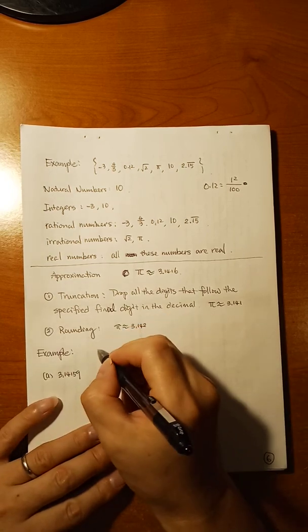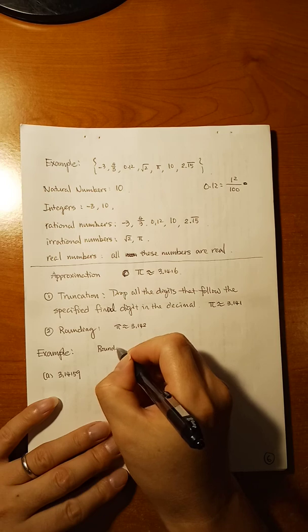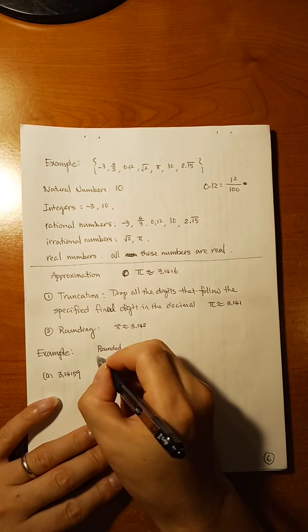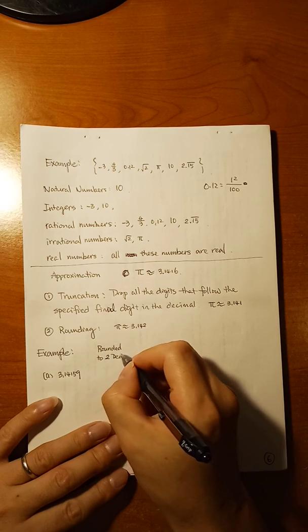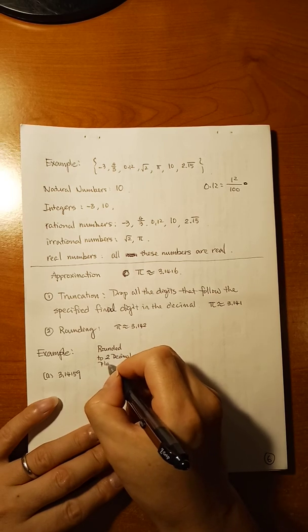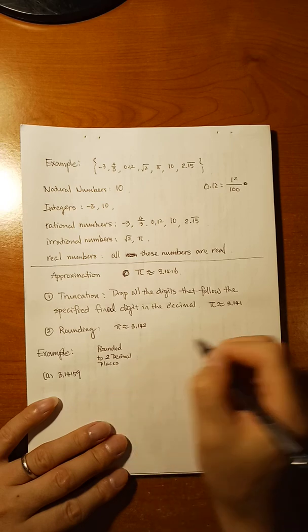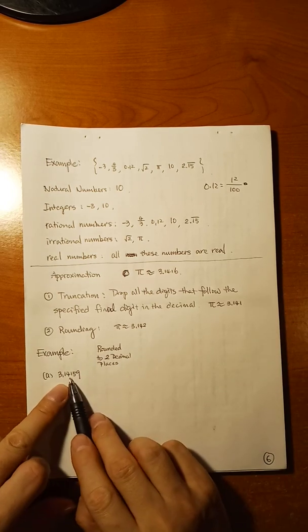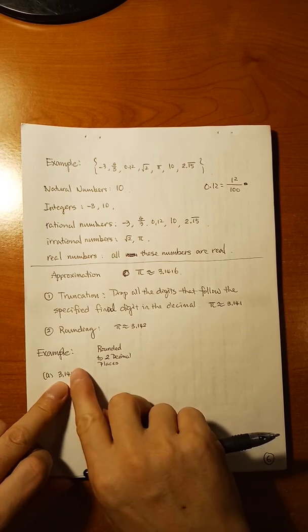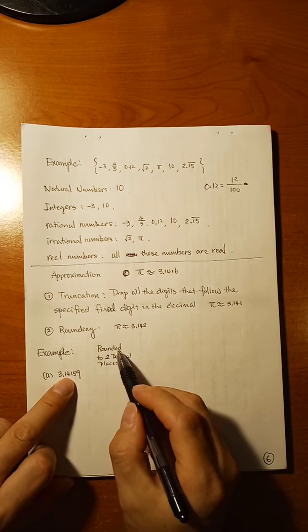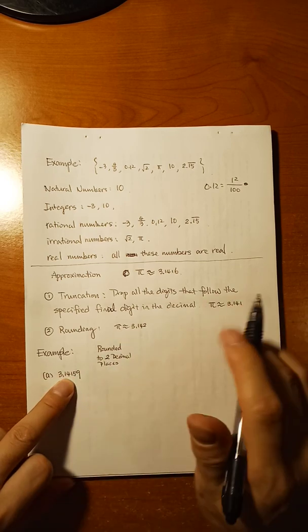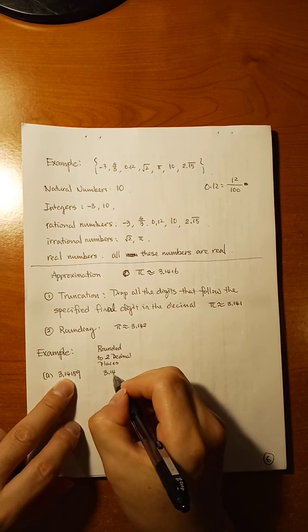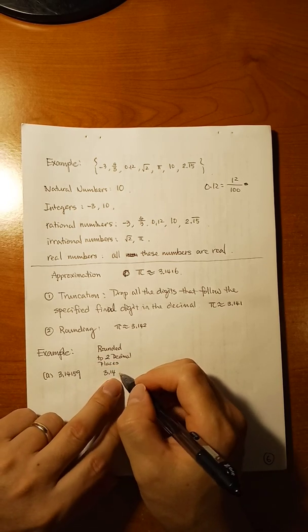If we round it to 2 decimal places, you check the next digit, which is 1. It's less than 5, so you drop it. So if you round it to 2 decimal places, it's 3.14.